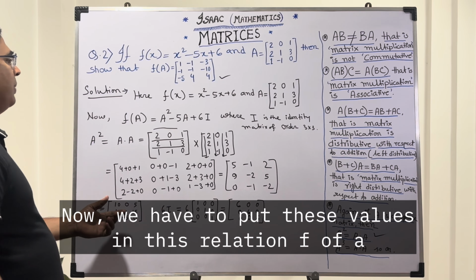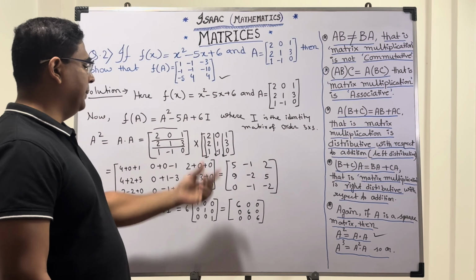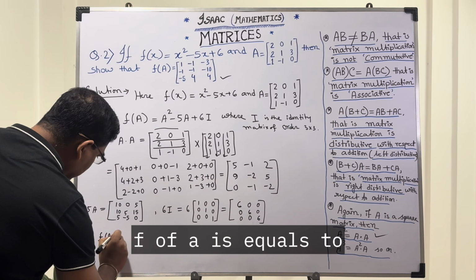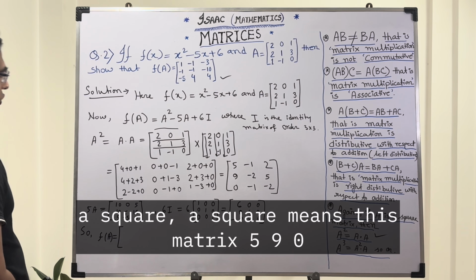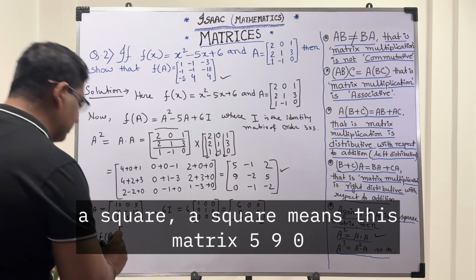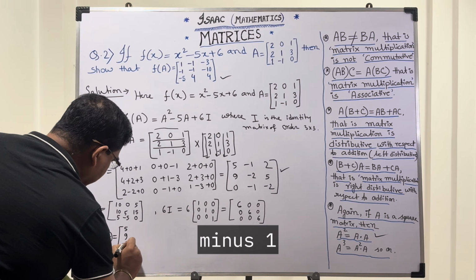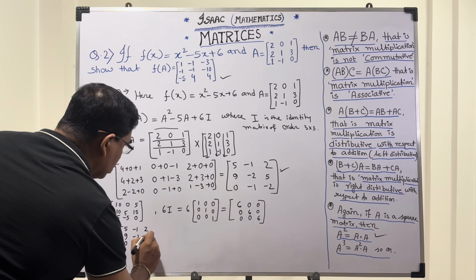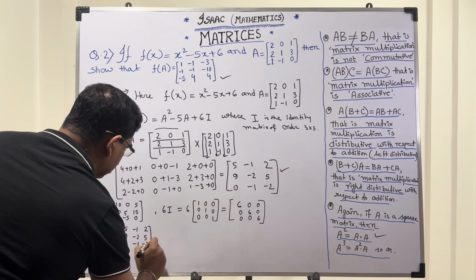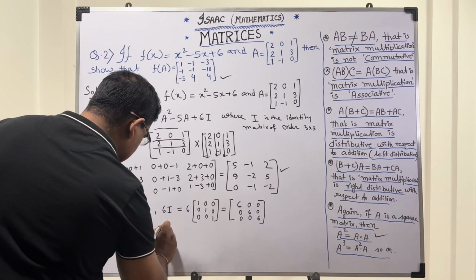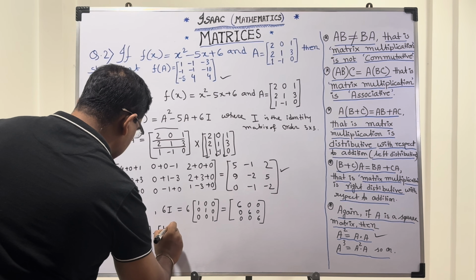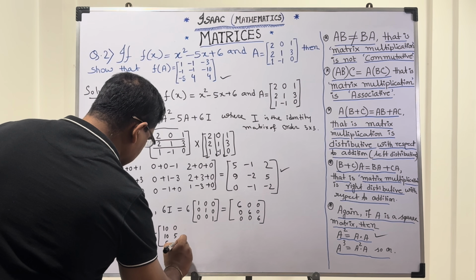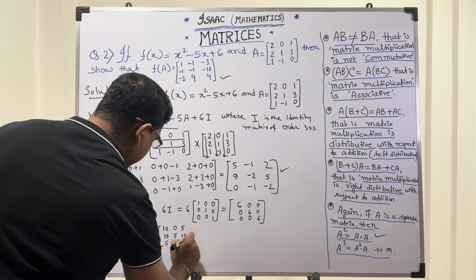Now we have to put these values in this relation f of A. F of A is equal to A square, which means this matrix 5 9 0, minus 1 minus 2 minus 1, 2 5 minus 2, minus 5A. 5A means 10, 10, 5, 0, 5 minus 5, 5, 15, 0.